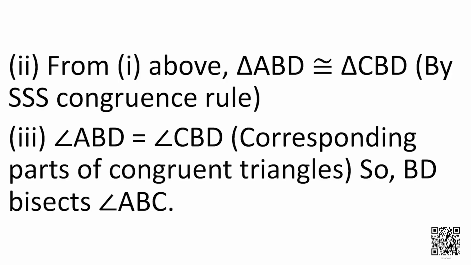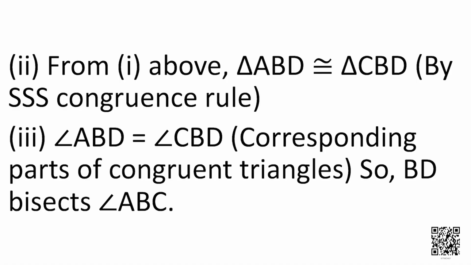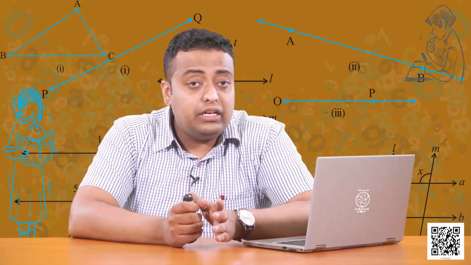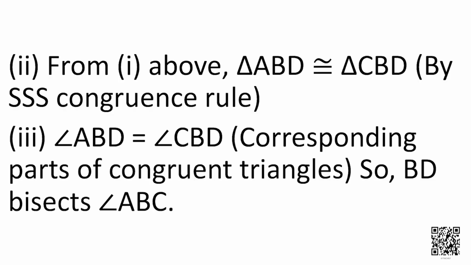Now, to answer the second question, we know that triangle ABD is congruent to triangle CBD by SSS congruence rule, as it has three sides equal to three sides of another triangle. And to answer the third part, does BD bisect angle ABC? We know that angle ABD is equal to angle CBD because they are corresponding parts of congruent triangles. So yes, we can say that BD bisects angle ABC.